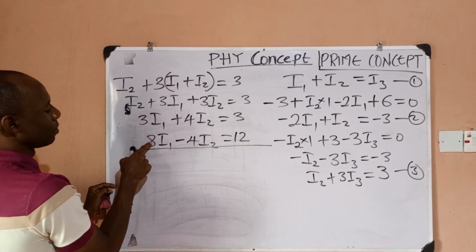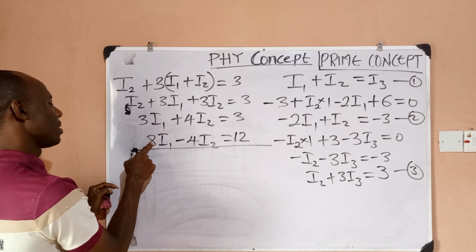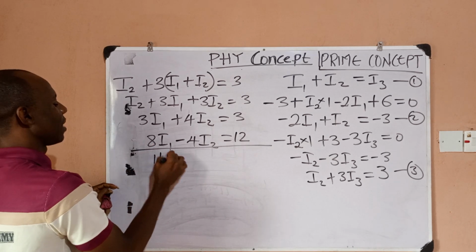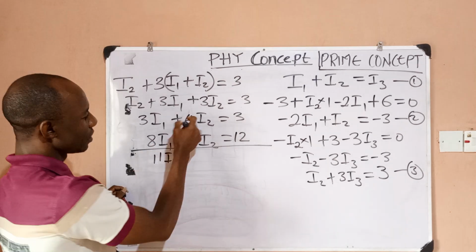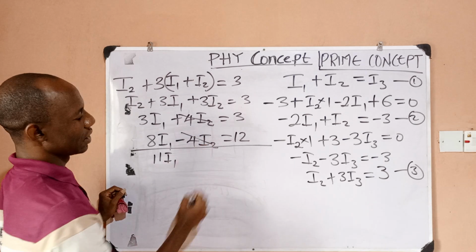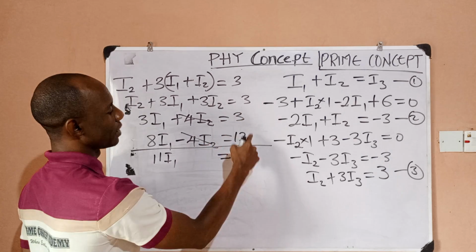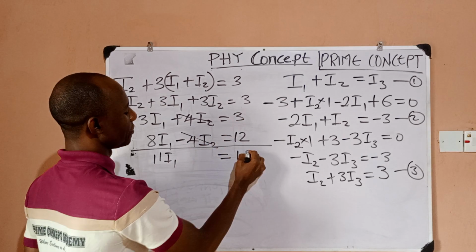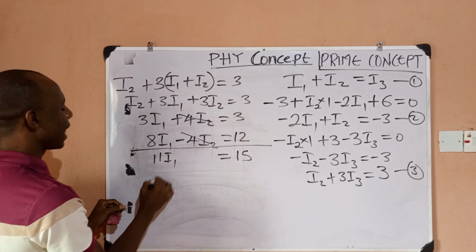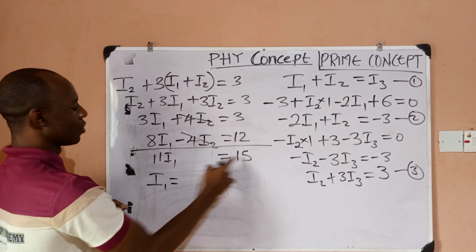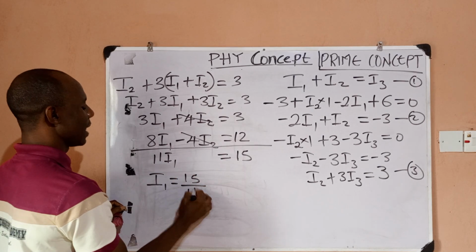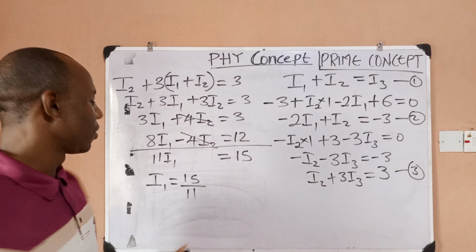So 3 plus 8 is what? 11. So this is 11I1. This, of course, would fizzle out. And I'm left with this plus this, which would give me 15, right? Then my I1 automatically is going to be 15 divided by 11. So I've gotten my value for I1.